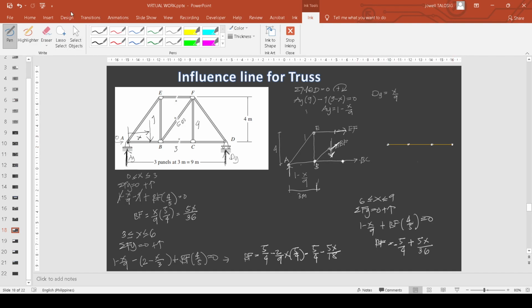Okay, next, when x is equal to 0, using this equation, remember the force in BF is 0. So when x is at 3, what is the magnitude of BF? When x is at 3, so 3 times 5, let's use our calculator.